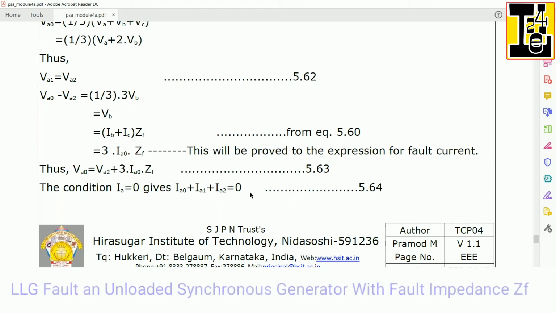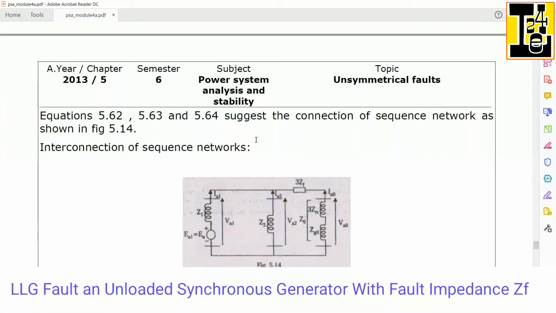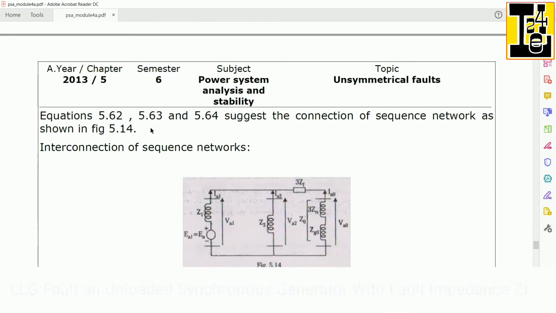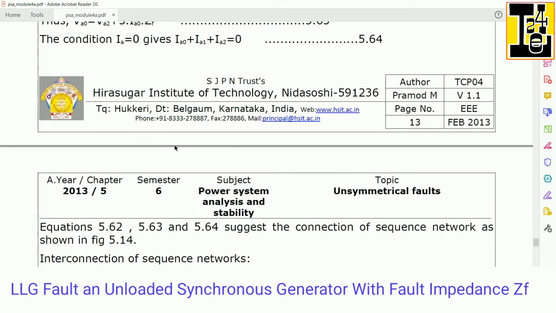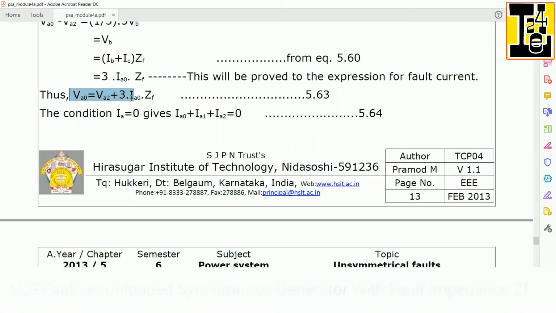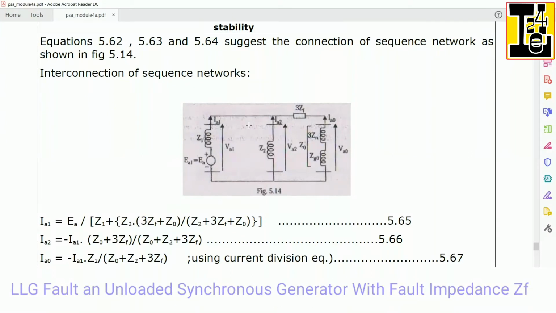So with these symmetrical component relations, these will suggest a parallel network of the positive, negative and zero sequence networks of a synchronous generator. This equation will suggest that there will be an impedance of 3ZF.